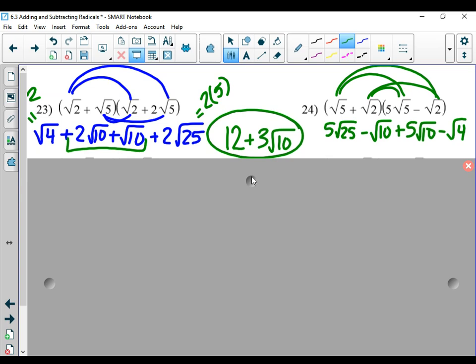So my 5 times 5 will get me 25 over here. Minus the 2 there will get me 23. And then here I get 4 square root of 10. Okay. So with all of these lessons, they keep building onto what you could possibly do next, okay?